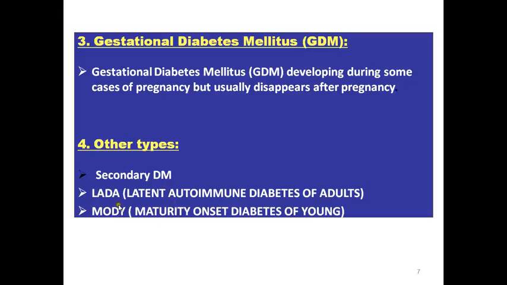Or there is LADA and MODY. LADA is latent autoimmune diabetes of adults, and MODY is maturity onset diabetes of the young. We are not going through them right now, and I will talk about them in my next lecture, which will be about diabetes complications, where I will also touch on these three: gestational diabetes, LADA and MODY.